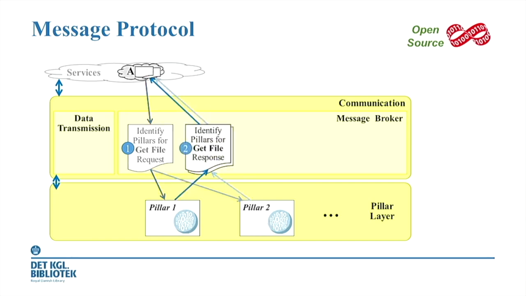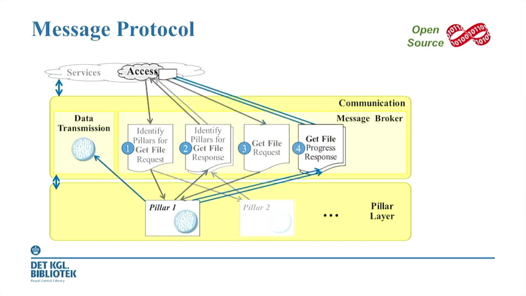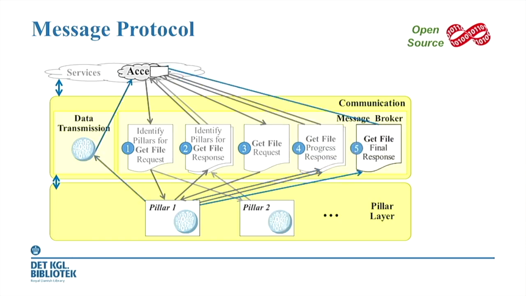They can respond, I have it, you can get it from me. And then it can ask, okay, I want it from you. Just pick one of them. And then there's a continuous progress report. And in the end, it can say, now you can take it, and it takes it. So it's that simple. And nobody needs to know anything about each other to do this.